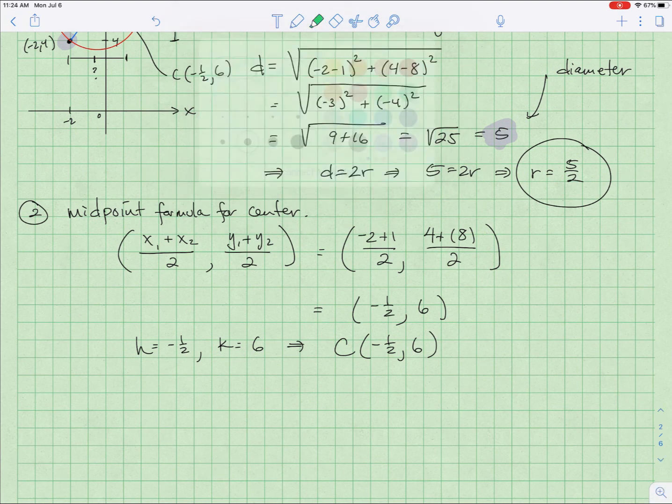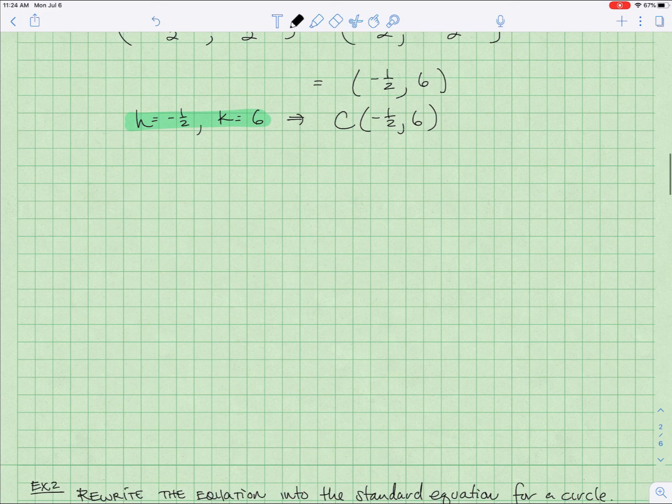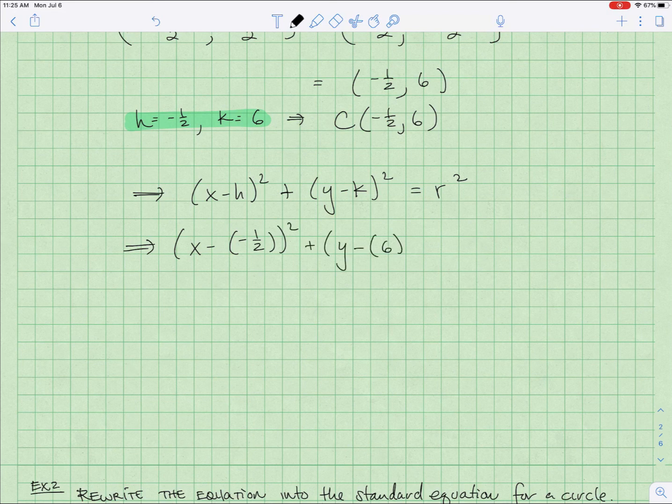We need to know the radius, and we have our h, k values for our center, which means that we can take our form x minus h squared plus y minus k squared is equal to r squared, and plug things in appropriately. This is x minus negative 1/2 quantity squared plus y minus 6 quantity squared is equal to 5/2 squared.